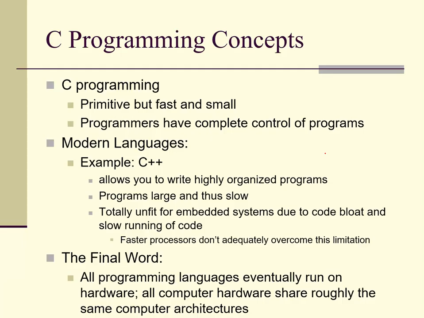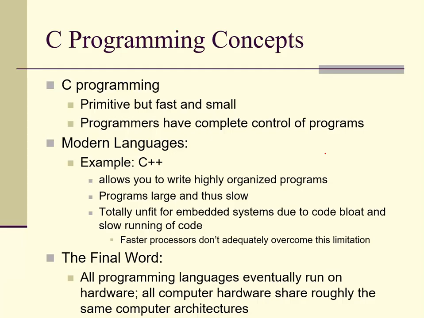And that's the good thing: for better or worse, programmers have complete control. It's not magic stuff done by the compiler, which oftentimes generates a bunch of extra instructions. For example, C++, which is the only object-oriented language I know, allows you to write really highly organized programs, but it comes at a price.